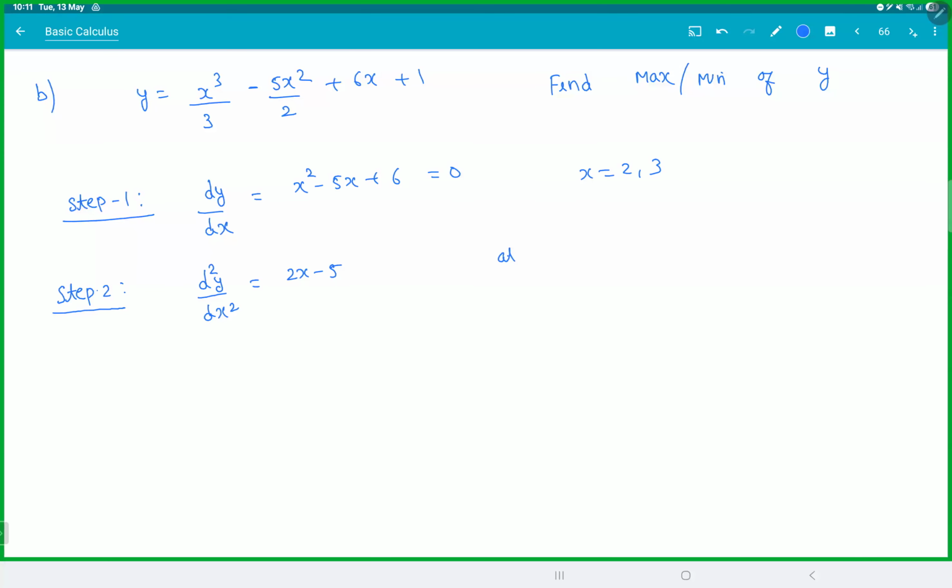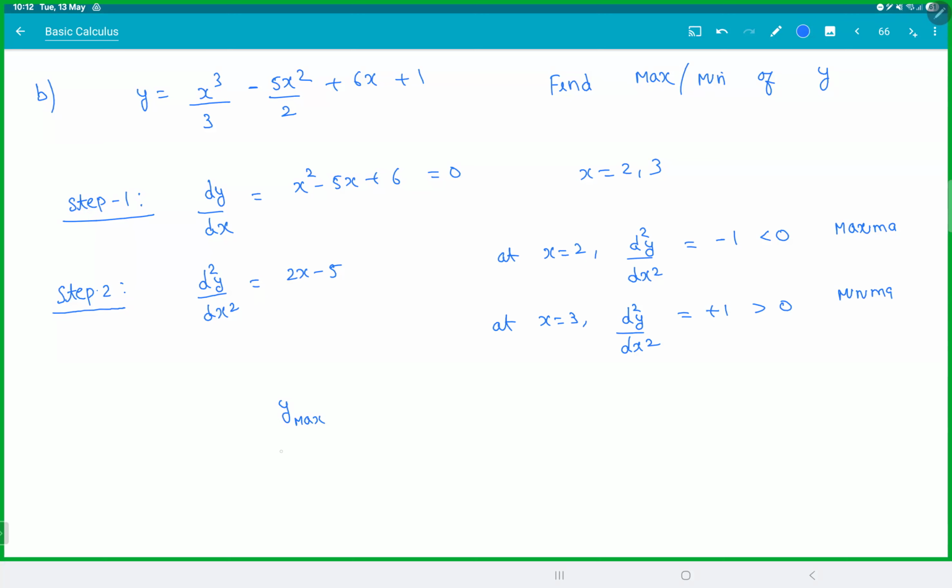At x is equal to 2, the second differential is -1, which is less than 0. This is your maxima. At x is equal to 3, the second differential will be +1, which is greater than 0. This is your minima.